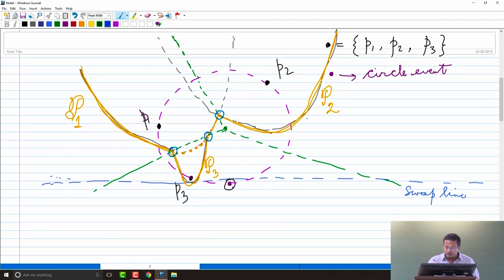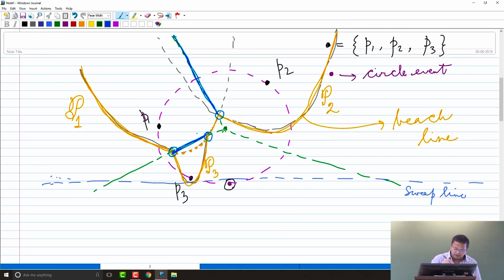So, let me call this, as I did yesterday, my beach line, right. So, beach line is above your sweep line. So, above your beach line, this part of the Voronoi diagram has already been constructed, right. This part has also been constructed.